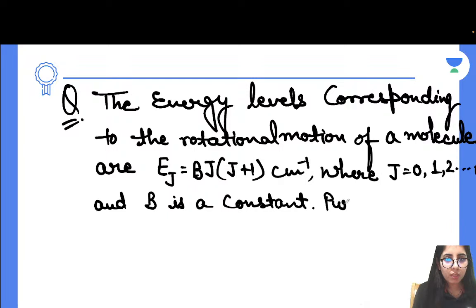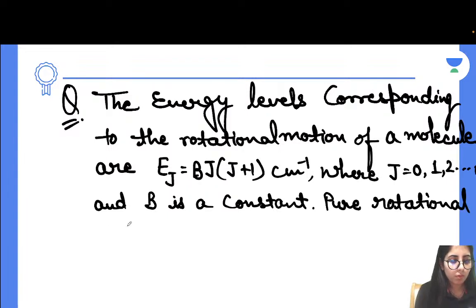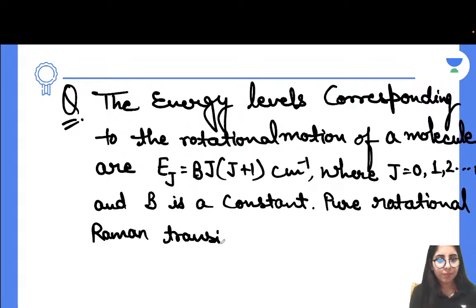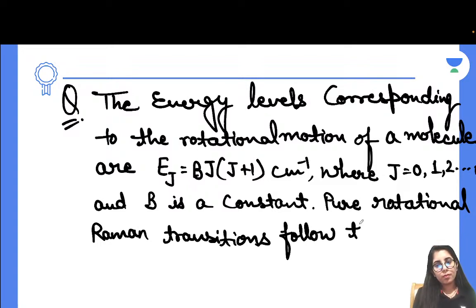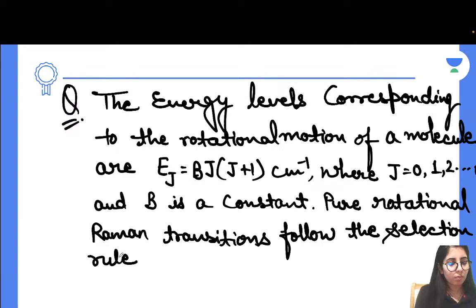Pure rotational Raman transitions follow the selection rule ΔJ = 0, ±2.